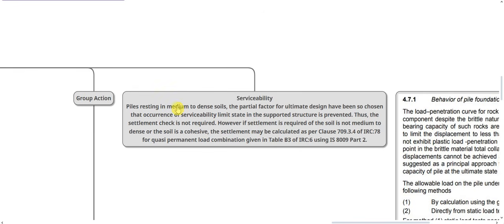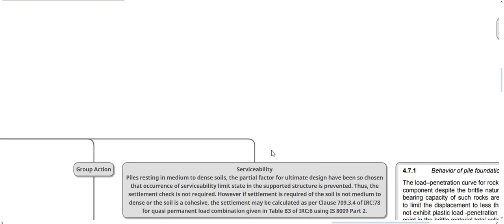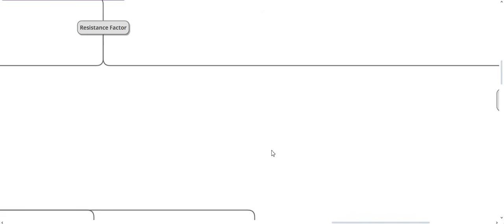So what it is saying is that for medium to dense soil, we don't need to calculate, and in case the soil is cohesive or not medium to dense, we need to calculate the settlement. However, there is no explicit criterion provided for the settlement of pile under quasi-permanent load combination. However, we need to follow that from the riders' comfort or structural safety point of view.